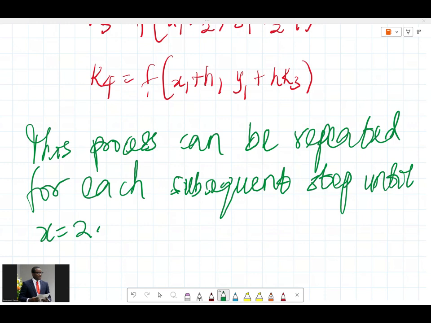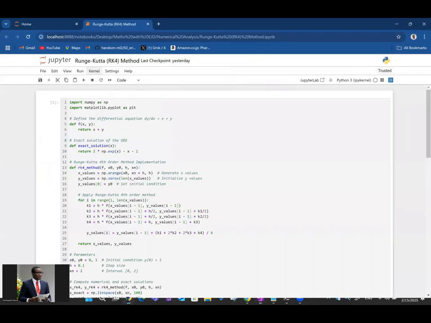But of course, because of how tedious the manual implementation can be, we have the Python implementation as usual.